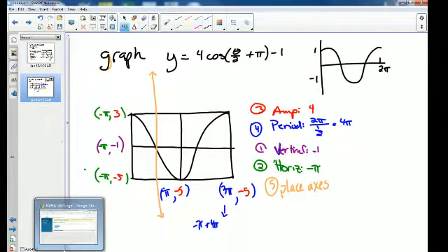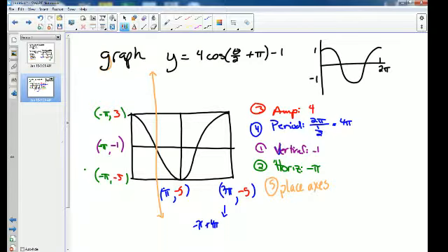Here's -pi. Here's pi. We're going to be right in the middle of it. This is the y-axis. Here's -pi, here's +pi, and 0 is right in the middle. This is x equals 0. So how do we get pi in the first place? It's right in the middle of the period. So the middle of -pi and 3pi.